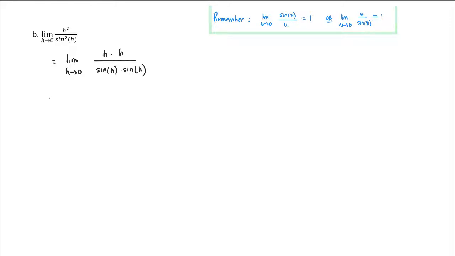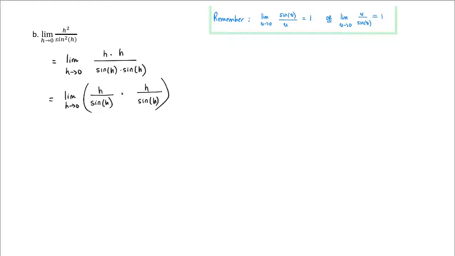And because this is multiplication, I can rewrite it as h divided by sine h times h divided by sine h. And then pretty much this limit here, it's already looking a lot like this one.